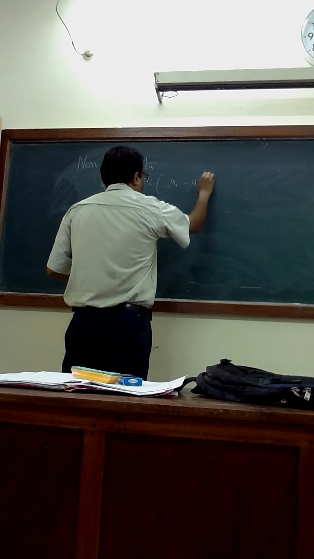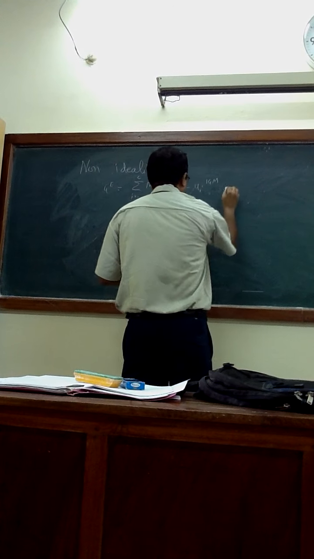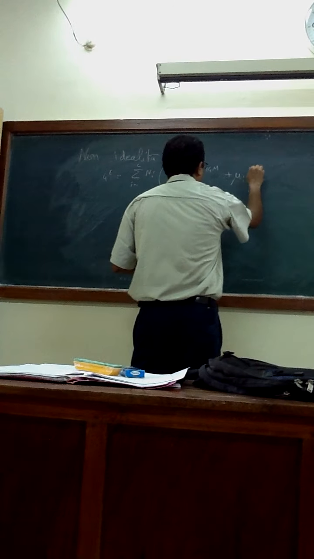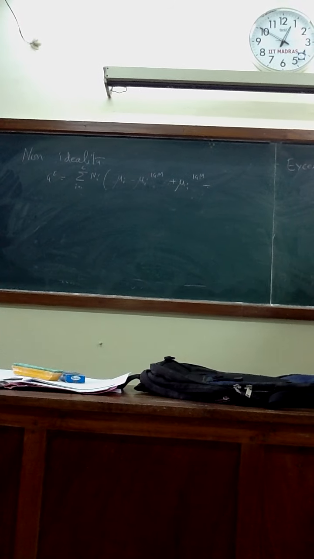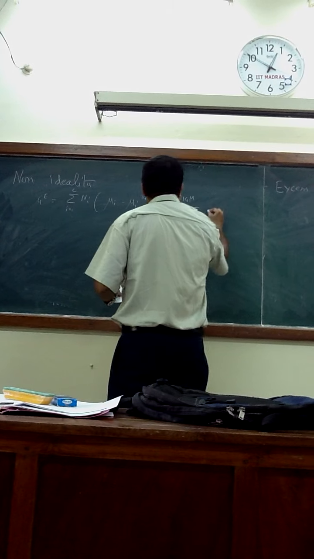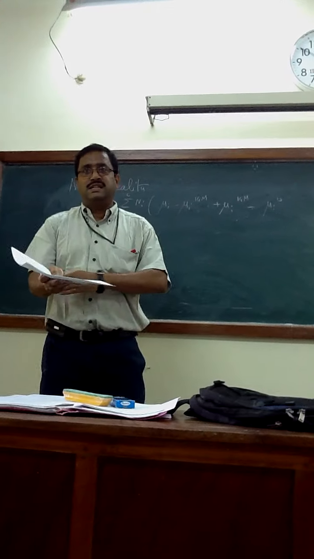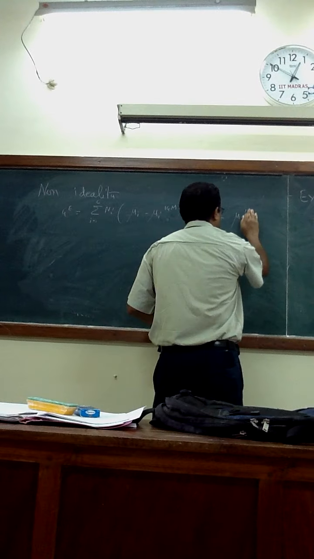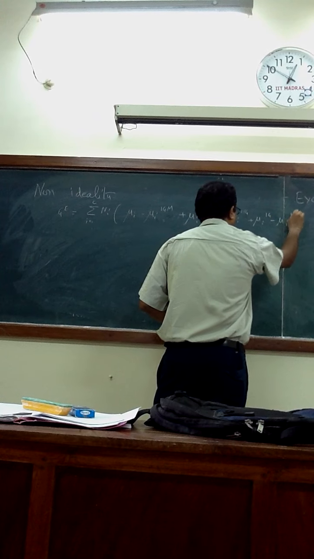So you can write mu i IgM, then plus mu i IgM minus mu i IgM minus mu i s, but you cannot get anything out of that. I know if you have a relationship, then mu i Ig minus mu i s.